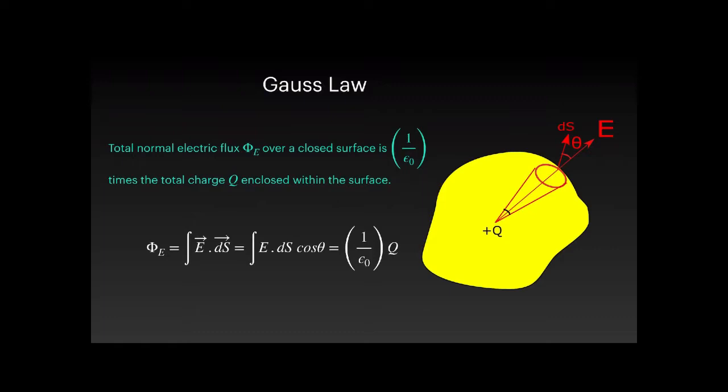We take E bar dot ds bar at each surface element ds, so we find the dot product at each element. So integral E bar dot ds bar equals integral E ds cos theta, which is equal to 1 by epsilon naught into Q.